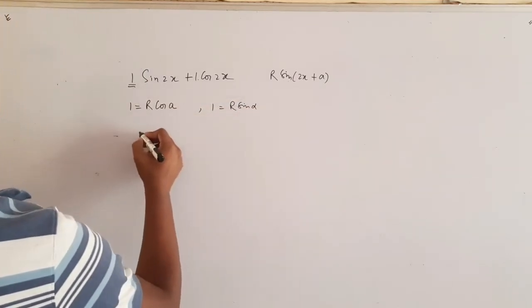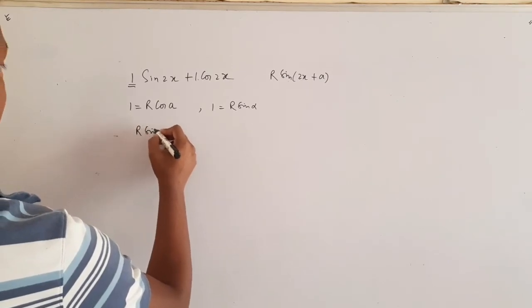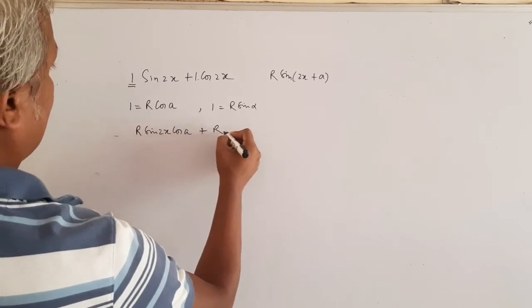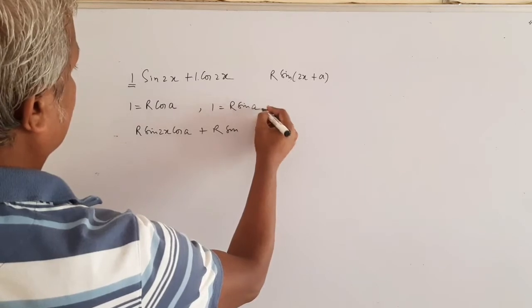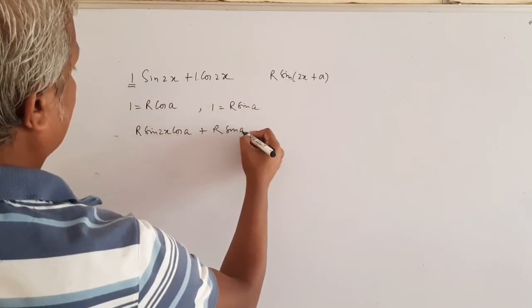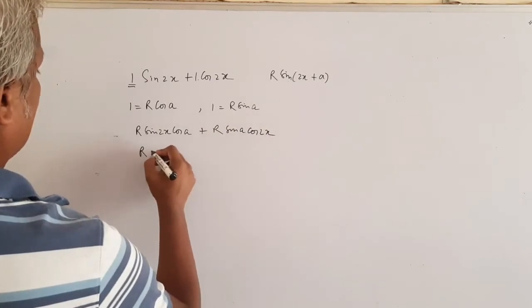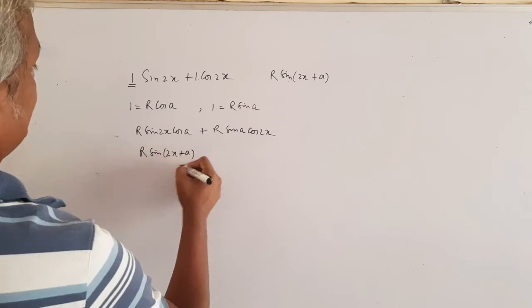So now the whole expression becomes r sine 2x cos a plus r sine a cos 2x. So if you take r common, this becomes sine (2x plus a).